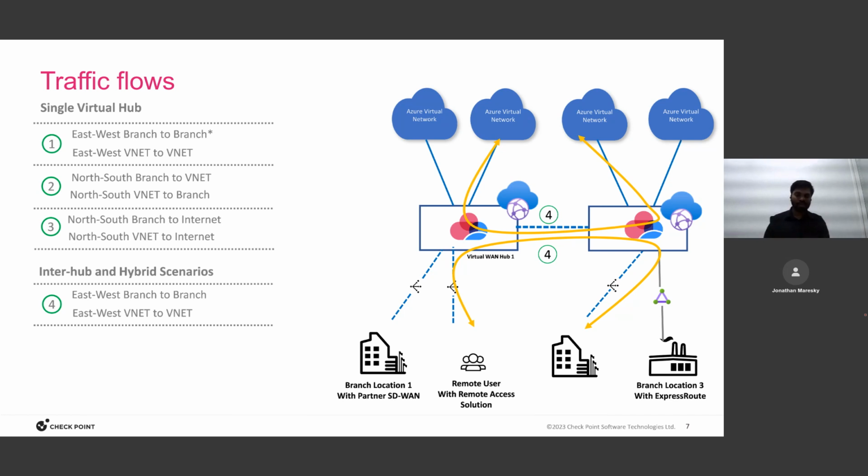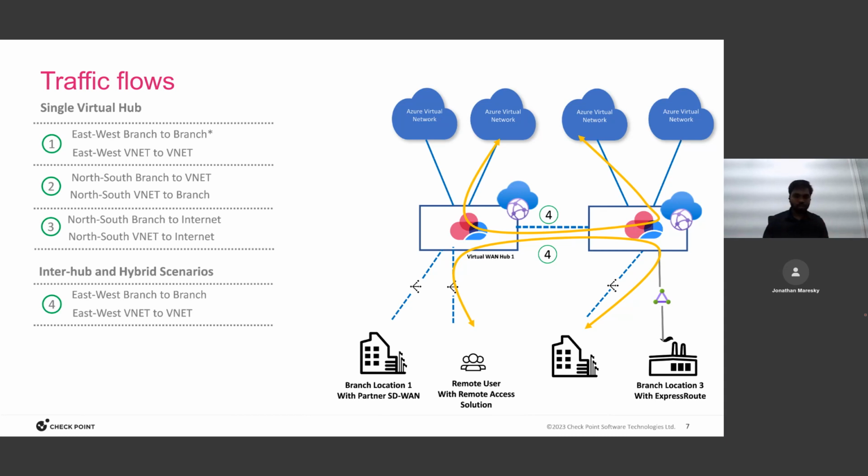Or there are other scenarios where we have to configure multiple hubs. Maybe we have multiple regions, so region-wise we have to create a hub. In that case, we can even inspect inter-hub traffic via the Checkpoint firewall. Again, I'm talking about east-west traffic flow inter-hub.